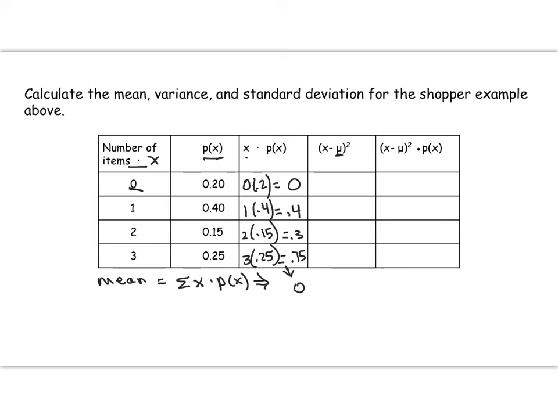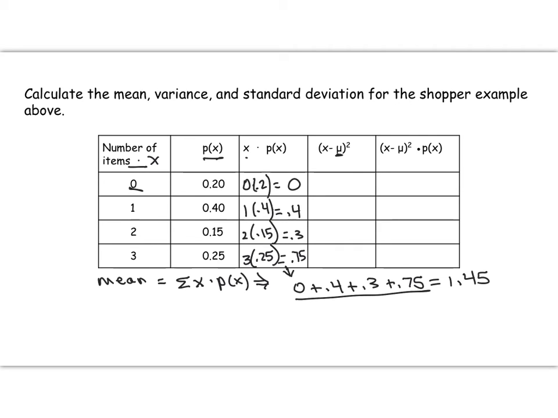So we have 0 plus 0.4 plus 0.3 plus 0.75, and that means that my mean is going to be 1.45. That's what I get when I add all of these decimals up together. Okay, so that's the average number of items that shoppers bought.